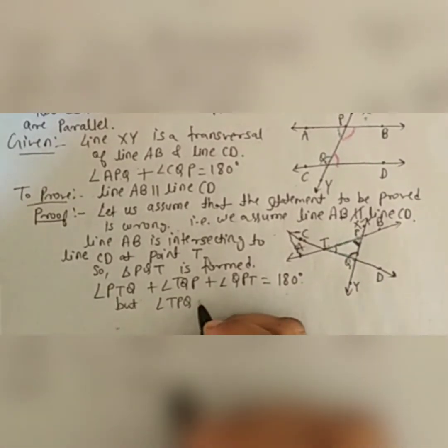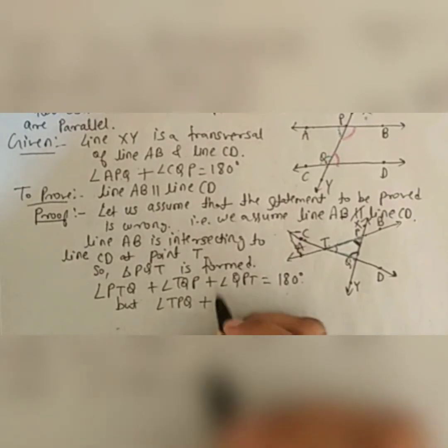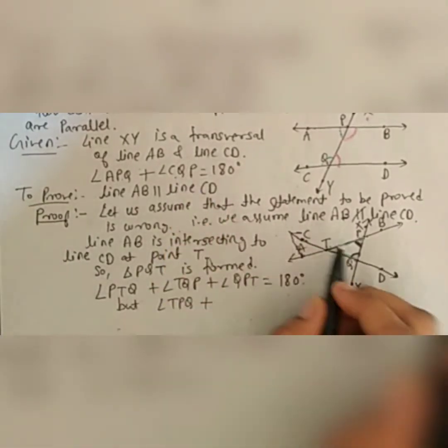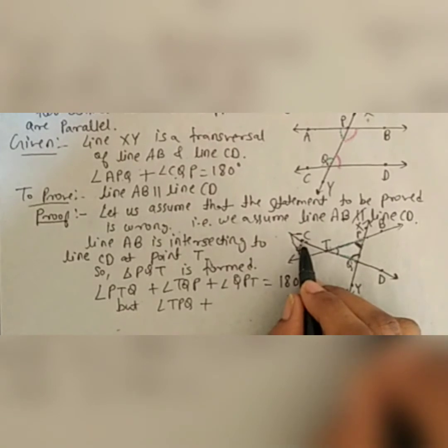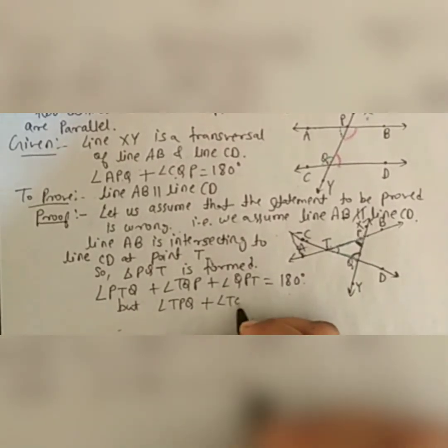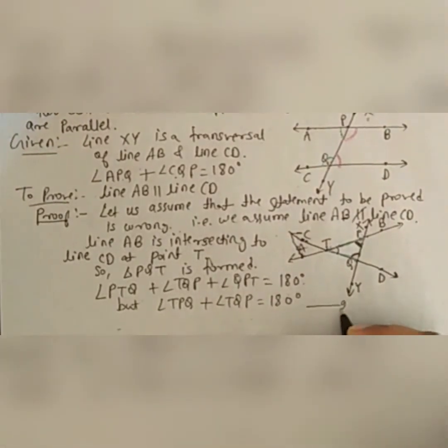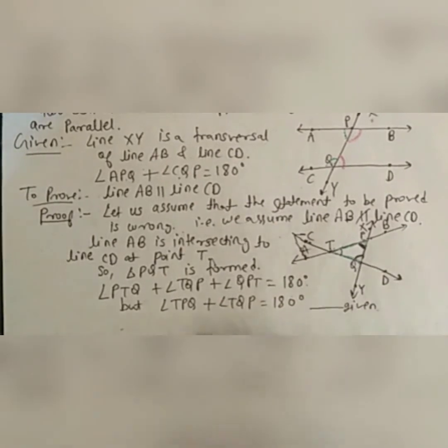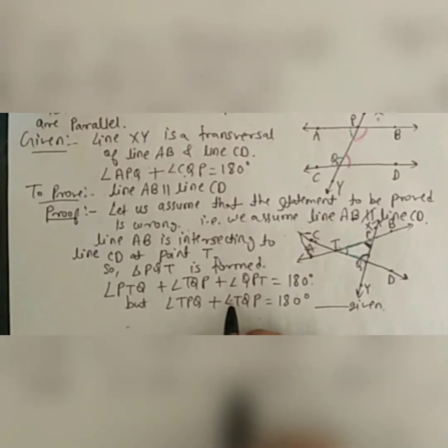Both are the same thing. Plus angle CQP. Where is angle CQP? CQP is the same as angle TQP, is equal to 180 degrees. This is given.